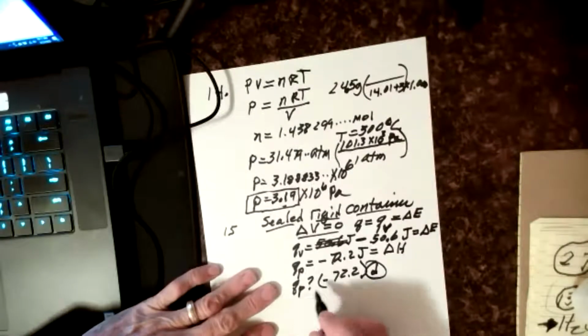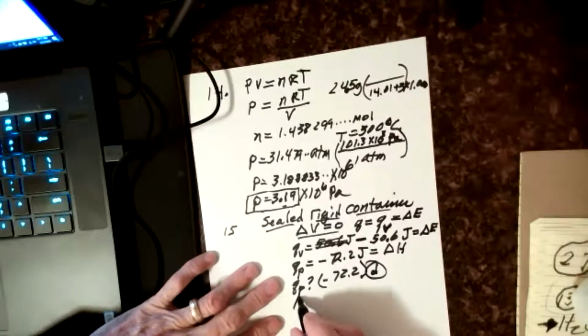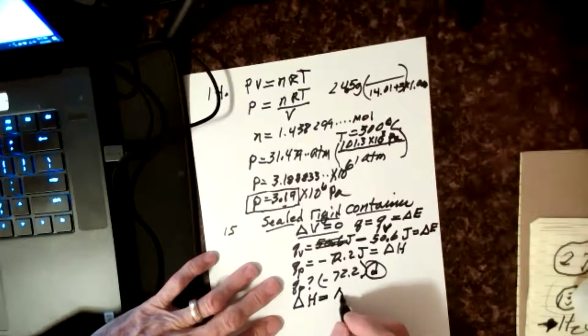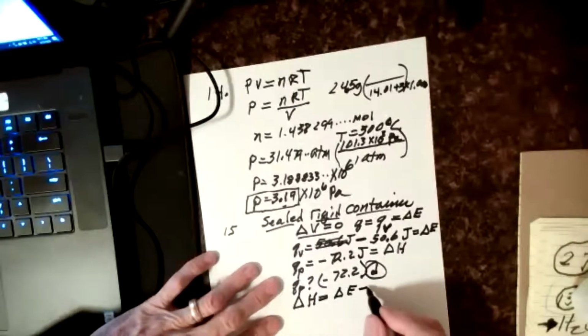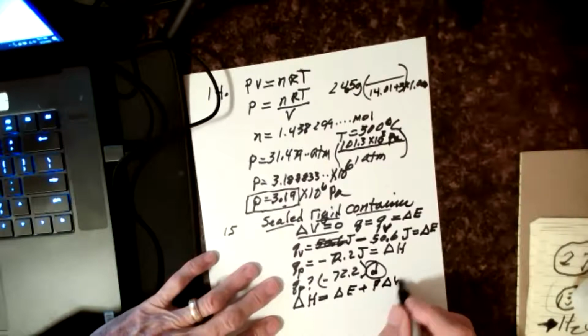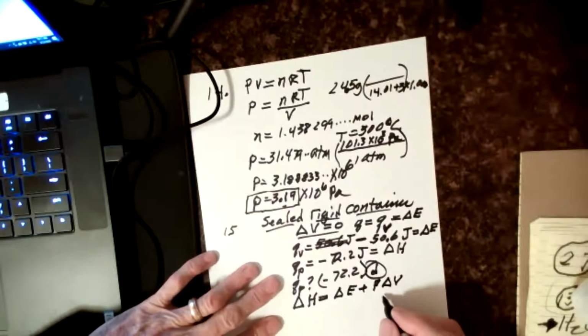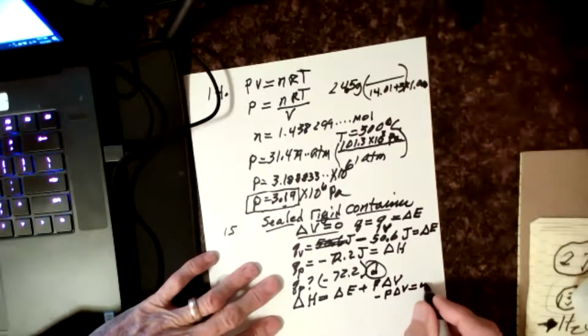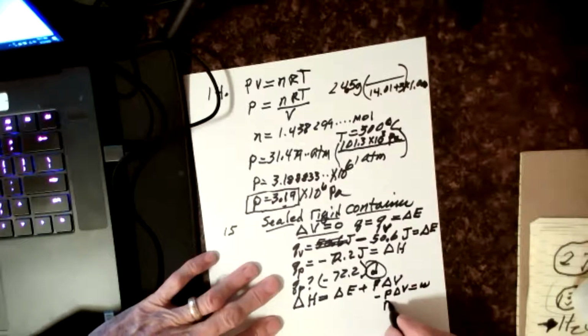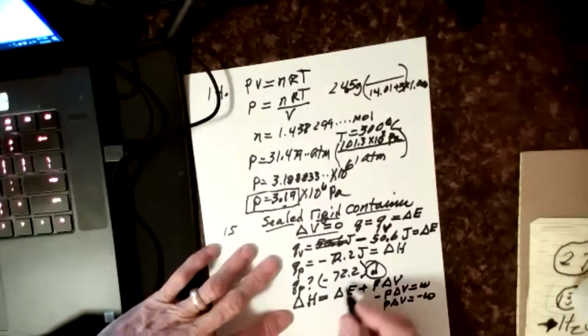Now, the easiest way to get to that from here is delta H is equal to delta E plus P delta V, and minus P delta V is equal to work. So P delta V is equal to minus work. So delta H, I've got a number for it.